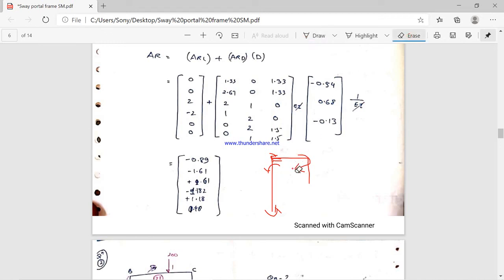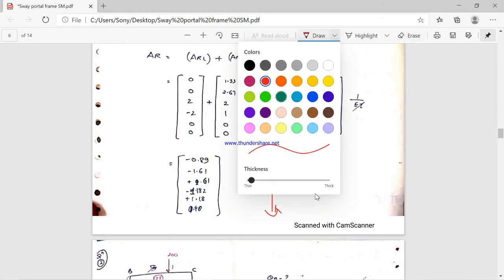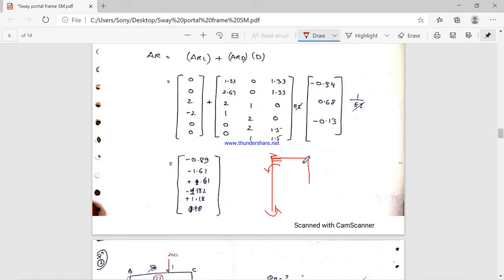We have to consider this as minus. This value is also going minus, so we consider it as minus, anti-clockwise. Then this value is plus, this is plus, and this value is also plus. So let us plot the diagram.